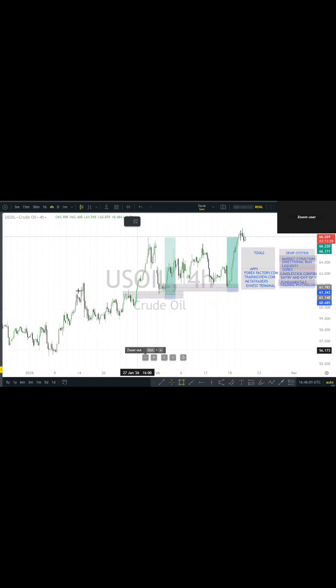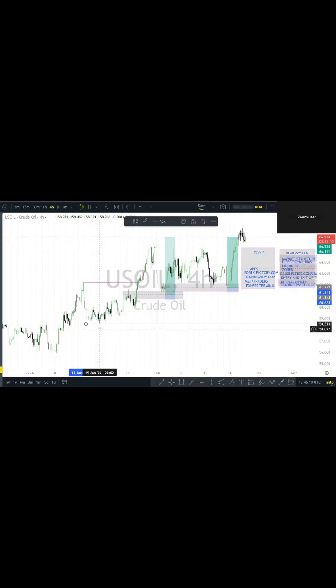Here now is market structure. This one indicates the market structure part of the strategy, which is the break of structure here. After this break of structure, this point indicates the directional bias part of the strategy.